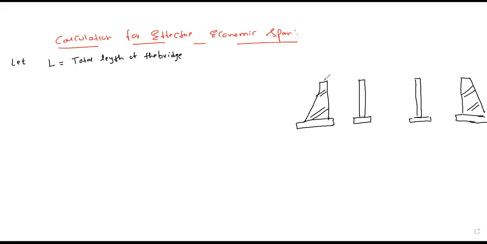On the top of this, there will be one span. This is called the span, the center to center distance of the bridge. Let me draw with the blue color, so that you can differentiate what is superstructure and what is substructure.